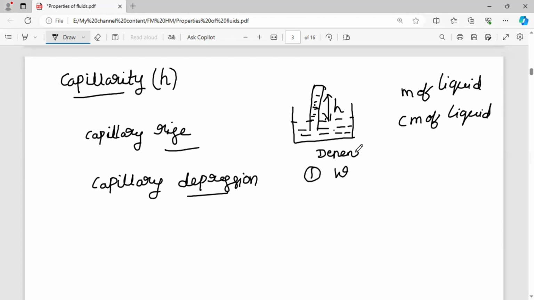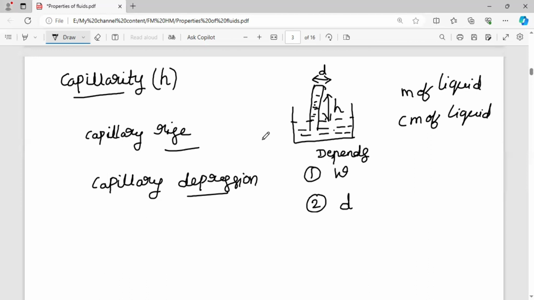Next, second is the diameter of the tube. If the diameter of the tube is very small, then the rise is very high. If the diameter is very large, then the rise of liquid is very low. Observe the difference.